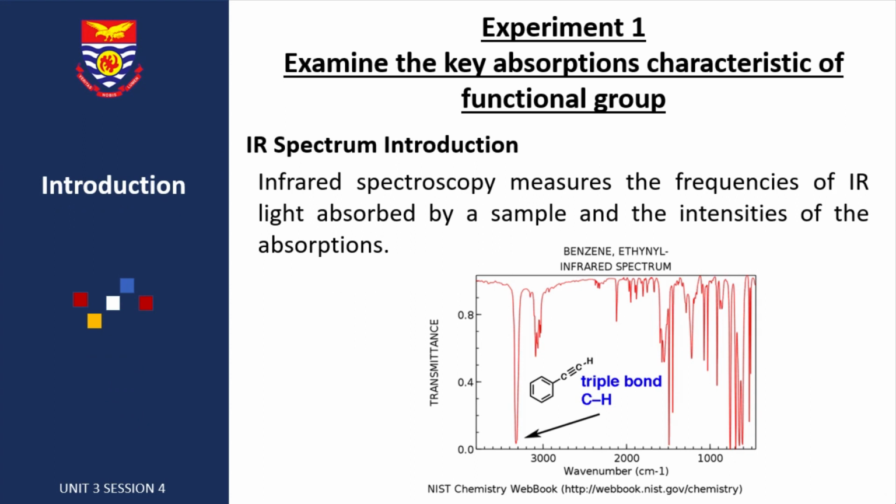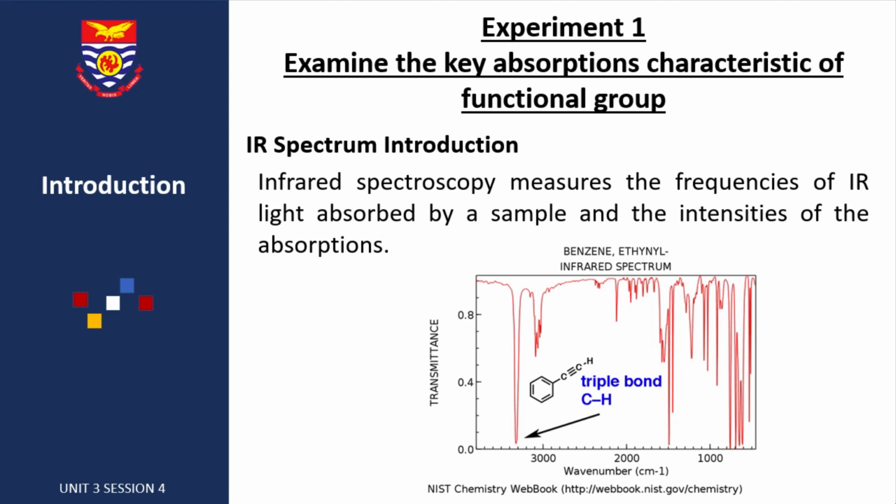Okay, so before we start, we will look at what an IR spectrum is. Infrared spectroscopy measures the frequency of infrared light absorbed by a sample and the intensities of the absorption.